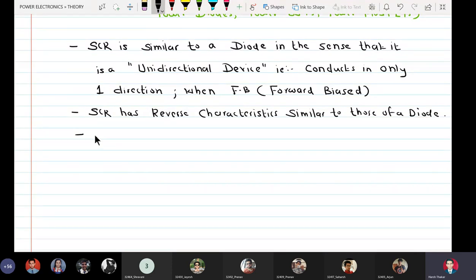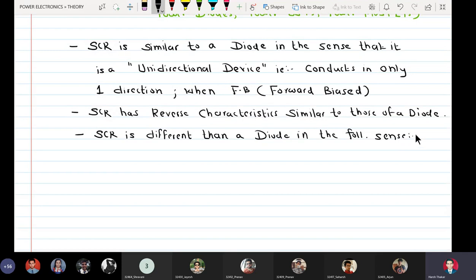Now, SCR is different than a diode in the following sense.